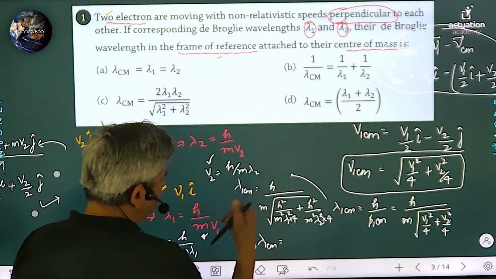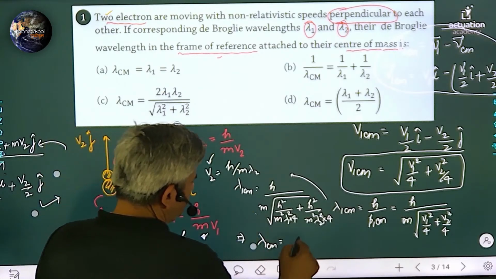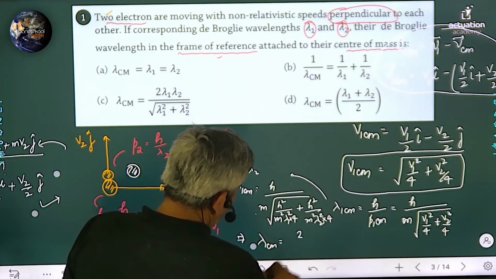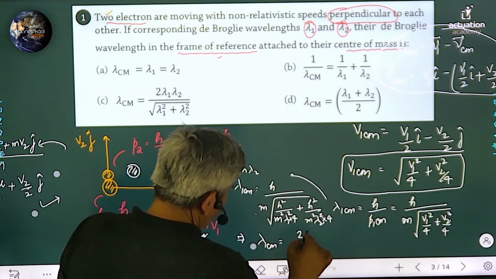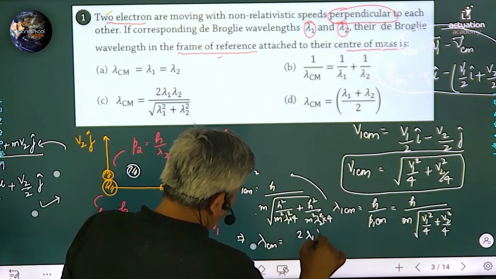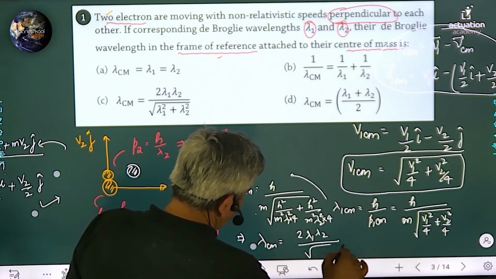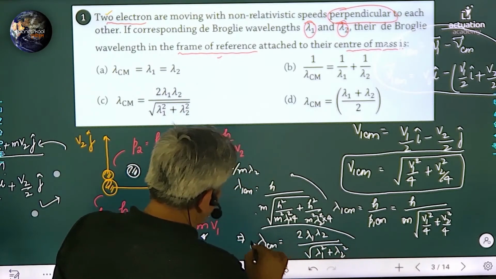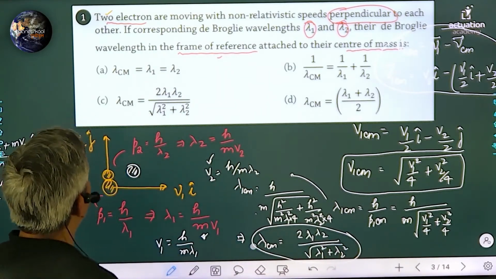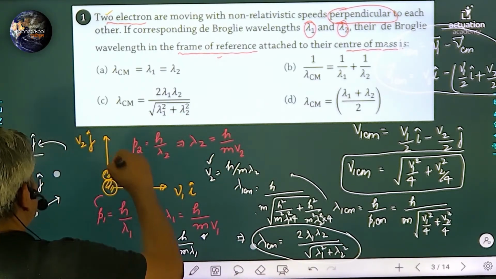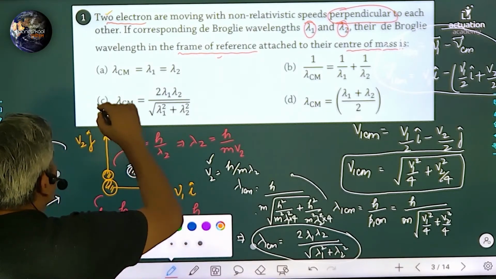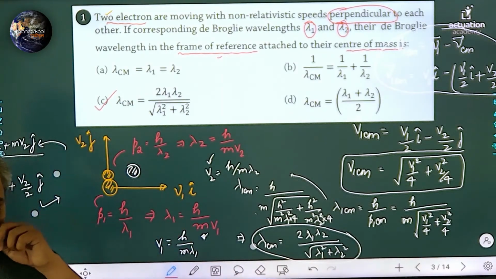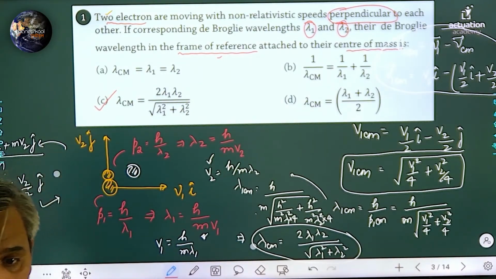If we take out, that will cancel out, h will cancel out, 2 will go up, and this will be lambda 1 lambda 2 over under the root lambda 1 square plus lambda 2 square. Now from these given options, option C is the right option. Okay, so option C is the right option here.